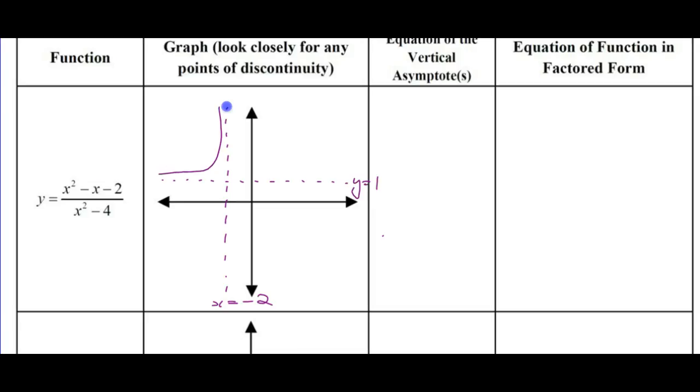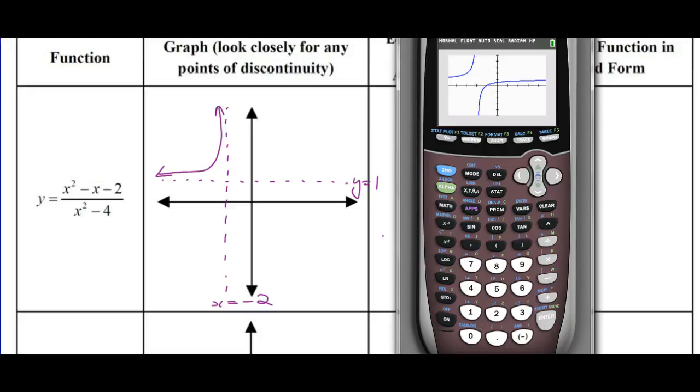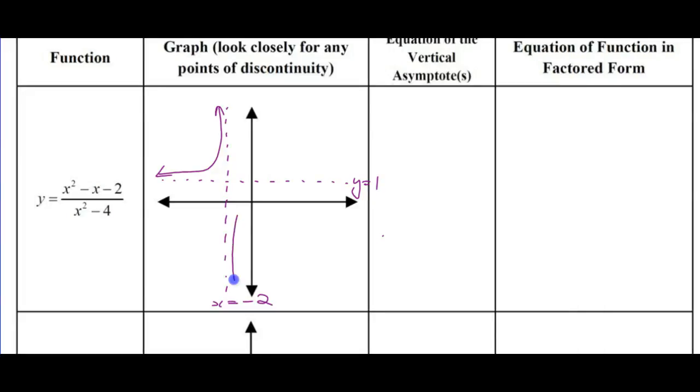Okay, so we've got something going on here, like this, and then something going on here. It looks like it's going through 1 here. So it's going like this, and this. But wait, there's something happening at 2.